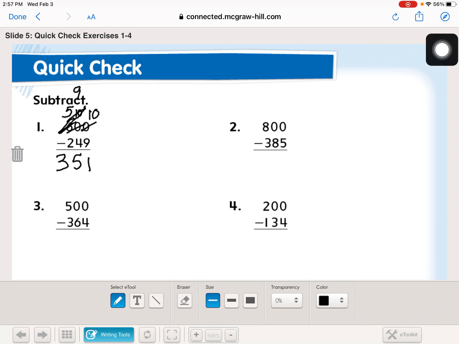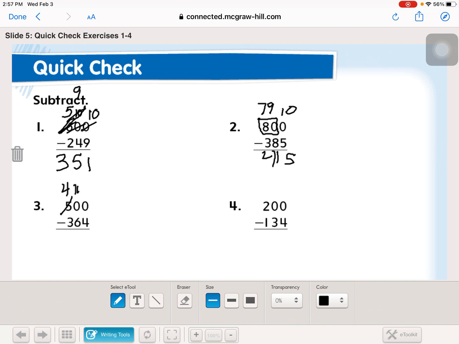Remember, another way that we can do this is by putting a box around the hundreds and tens and thinking, what's 1 less? 1 less than 80 is 79. Regroup the 10, 5, 1, and 4. So that's option 2. I'm going to do the other one again.